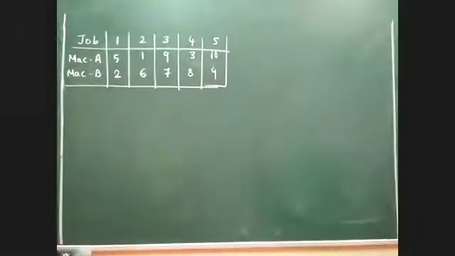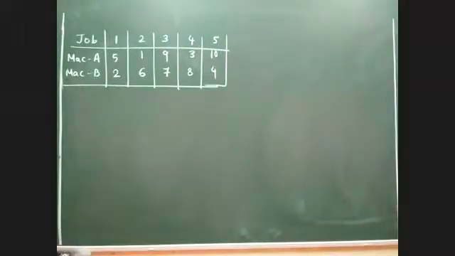In this example question, the first thing you are supposed to understand, I am repeating it, I want everyone to please remember this very carefully. Whenever a question is given to you in the sequencing chapter, you are supposed to understand which category the problem belongs to. Does it belong to case 1, case 2, case 3, or case 4?